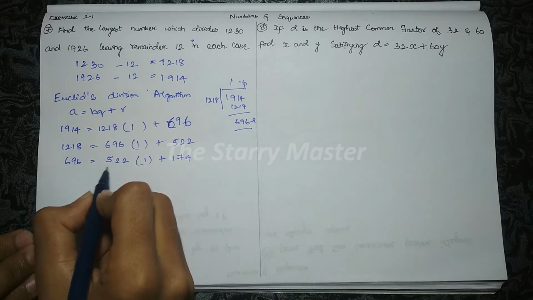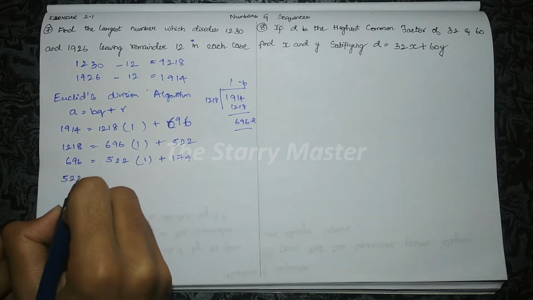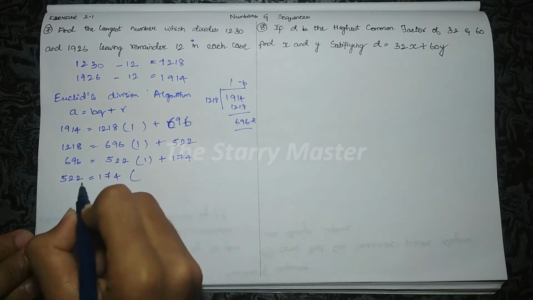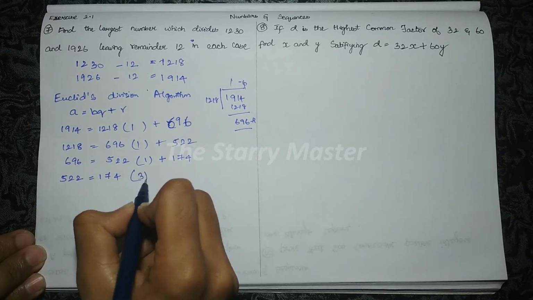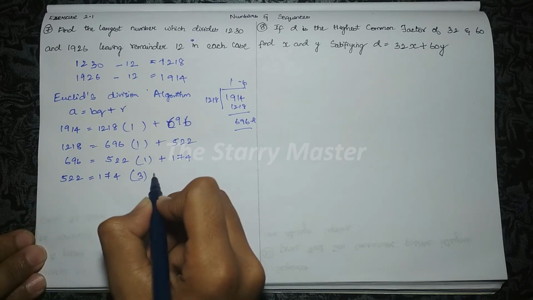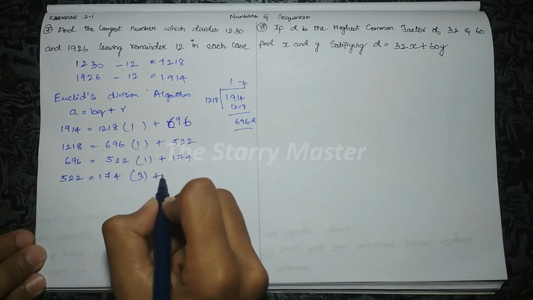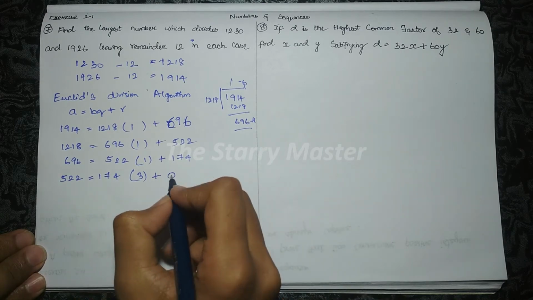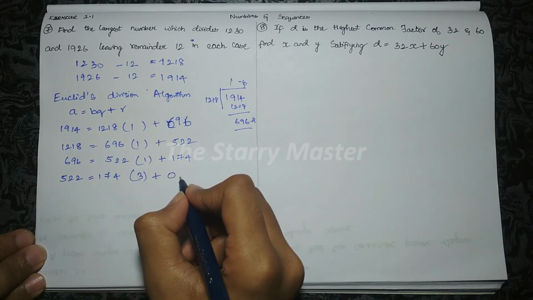Again we take this 522 here and 174, and 174 threes are 522. So there is no remainder, the remainder is 0, so we stop here, since we stop when we get remainder 0.